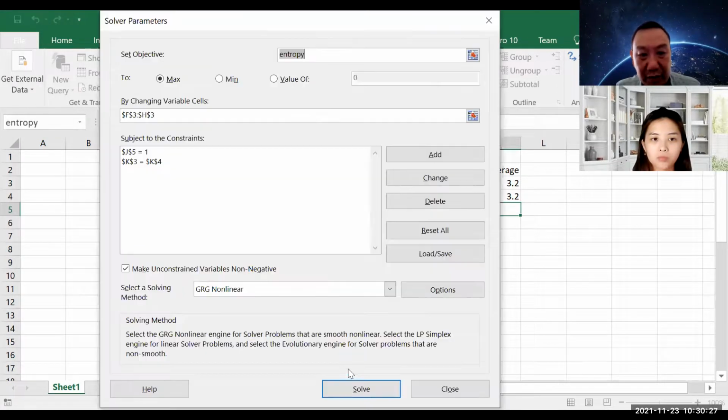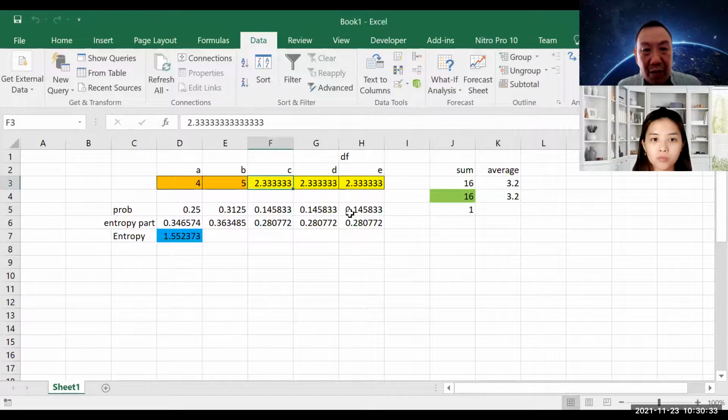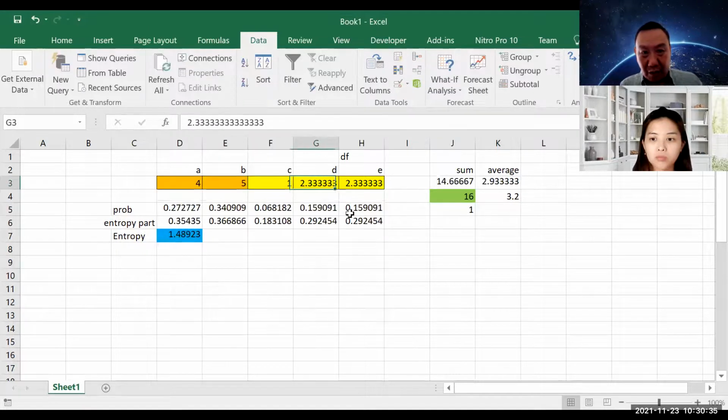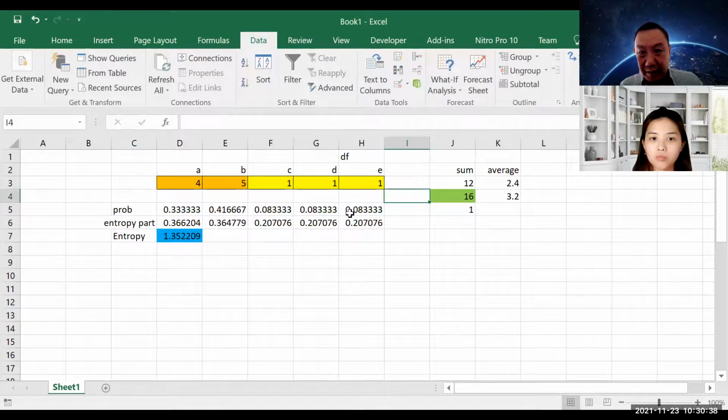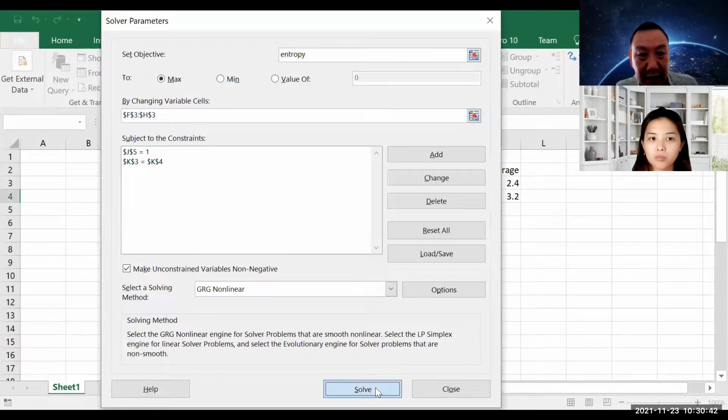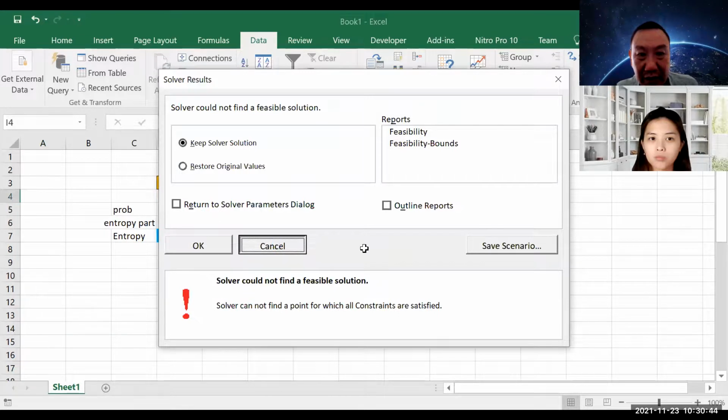Of course, this is already solved, so if you solve it, the same result. Now let's say I have 0, 0, 0 or 1, 1, 1. It's okay. Now I solve this. Oh, what happened? I do not find the solution.